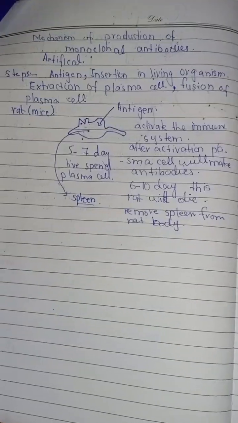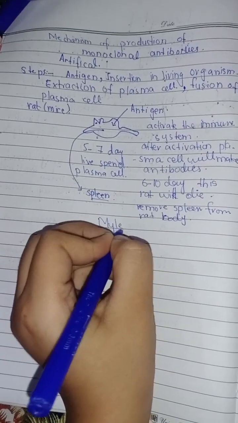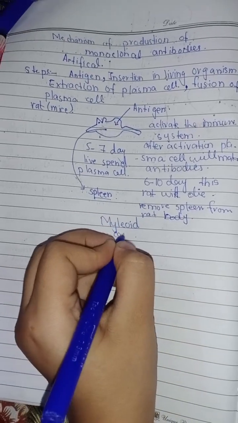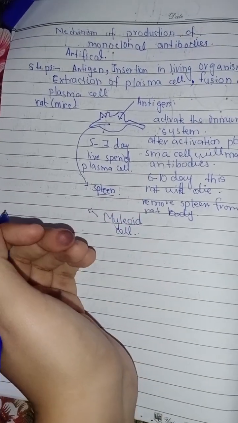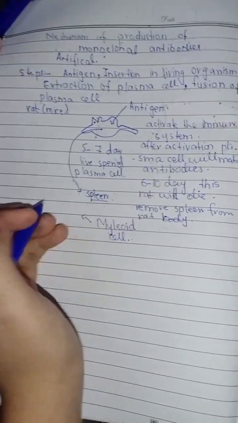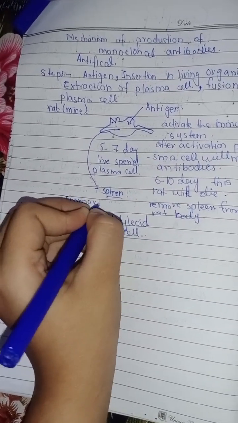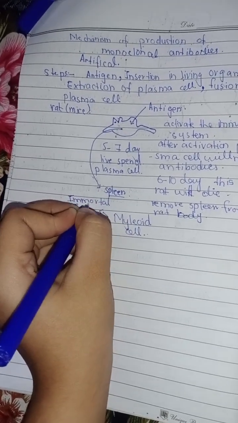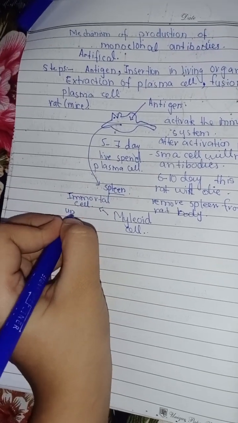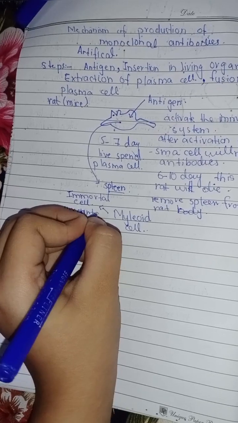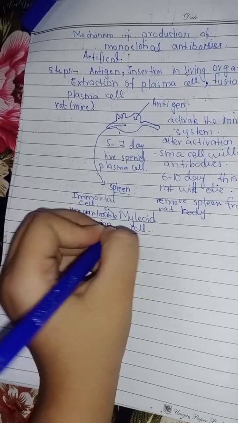Then after removing this spleen from the body, we have another cell, that is the myeloma cell. Now this cell is an immortal cell. Immortal means it has rapid division, this cell divides very rapidly. Immortal means it has uncontrollable division.